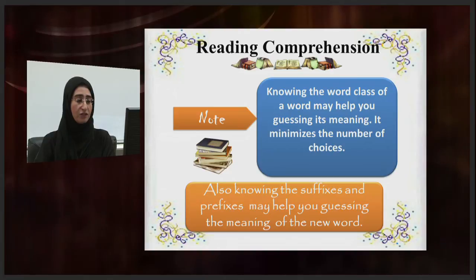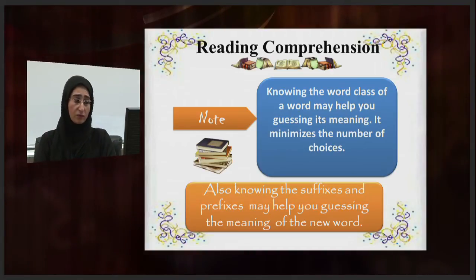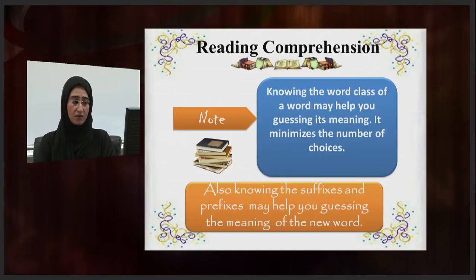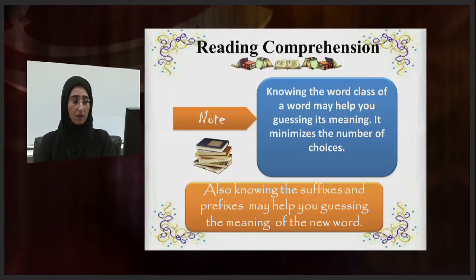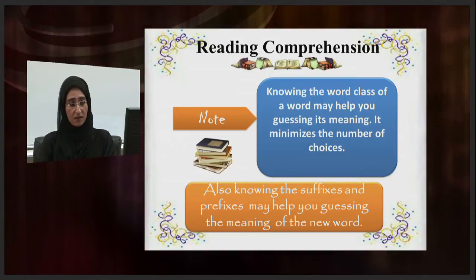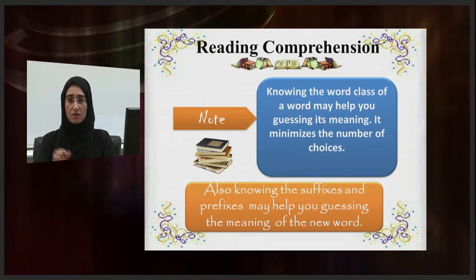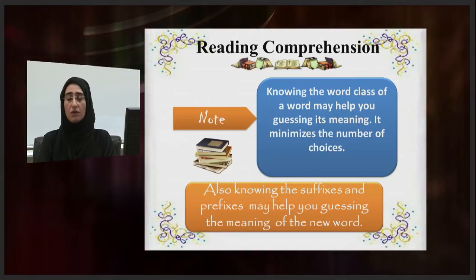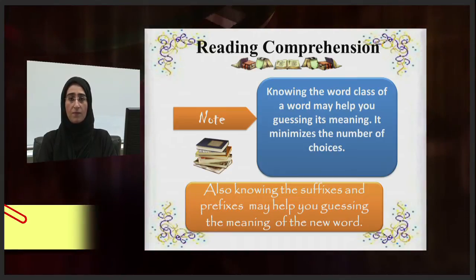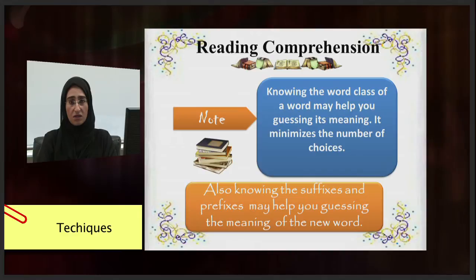Another thing that you have to take into consideration while you're reading is that you have to know the suffixes and the prefixes of the word. For example, here you are having suffix and prefix. The suffix is some letters that we add to the word that may change something in the word, like for example the word class.